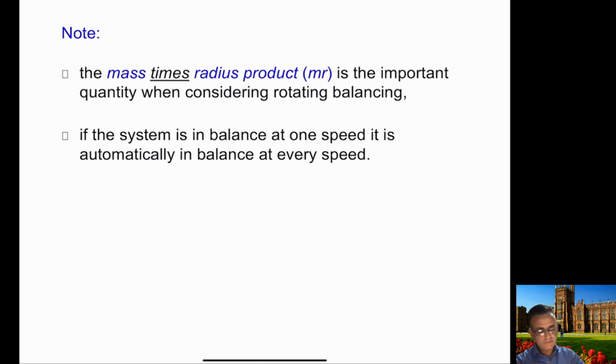Because the condition was M1 R1 equal to M1 R1, this means that the mass times radius product is the important quantity when considering rotating balancing. And if the system is in balance at one speed omega, it is automatically in balance at every speed. So therefore we don't even have omega in the equation.